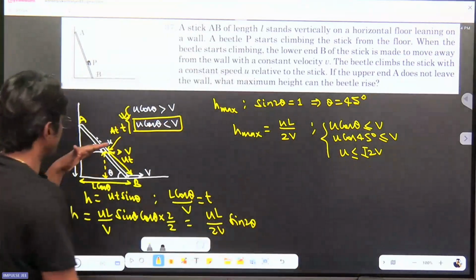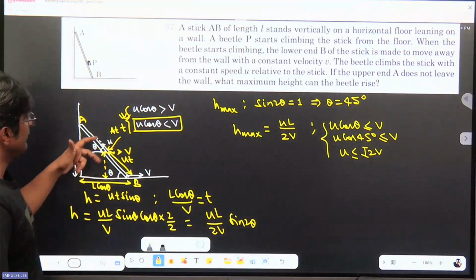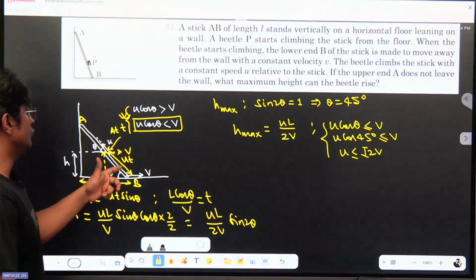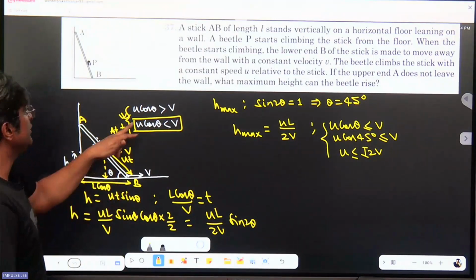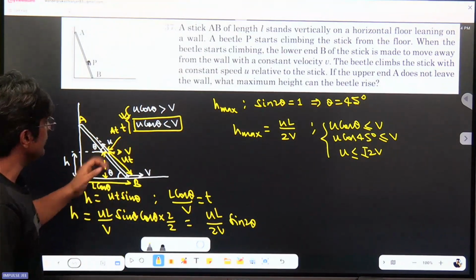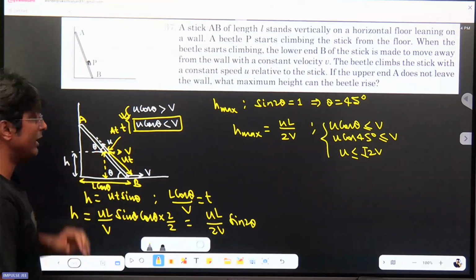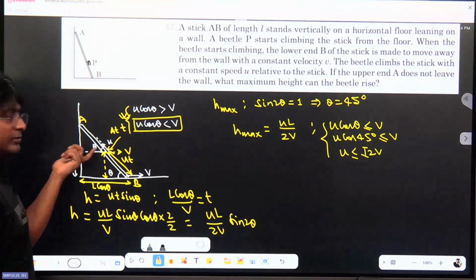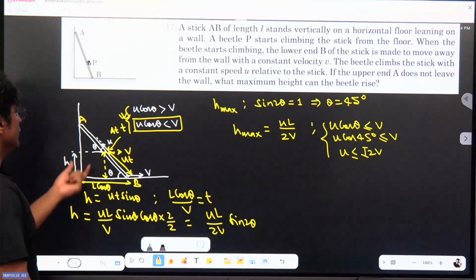Suppose after this point also, the beetle has such a value of u, because it does not depend only on theta, it depends on u also. If u is set to such a value that it is still going towards the wall, this might be another case. What does it mean?